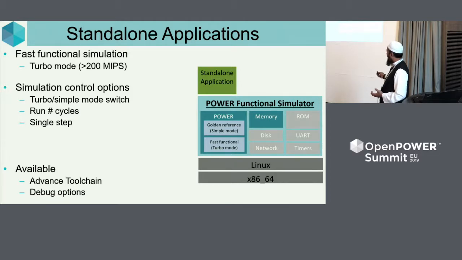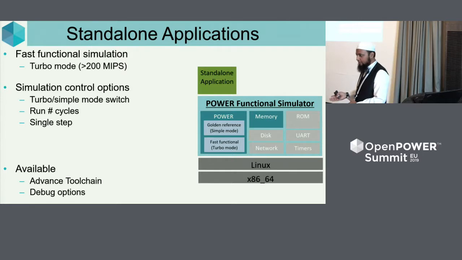The user can switch between the simple mode and the turbo mode, so while the application is being developed you can run it in turbo mode, and when you want to debug the application, you can turn back to the simple mode and then debug instruction by instruction.